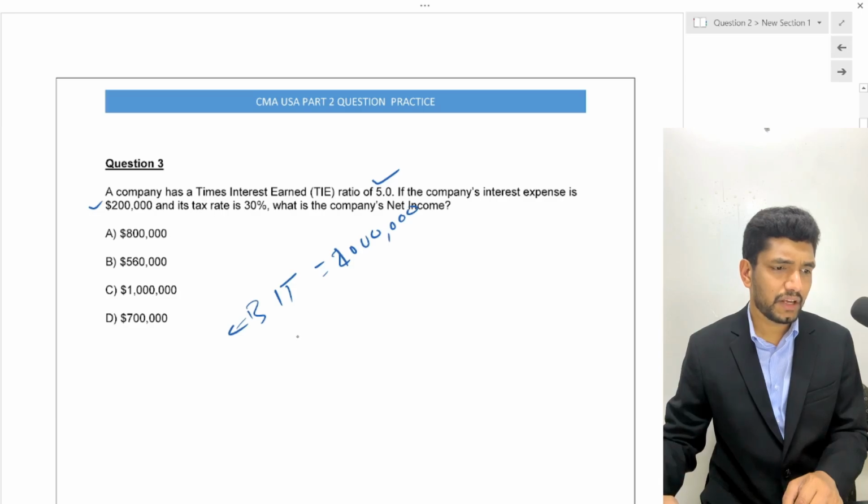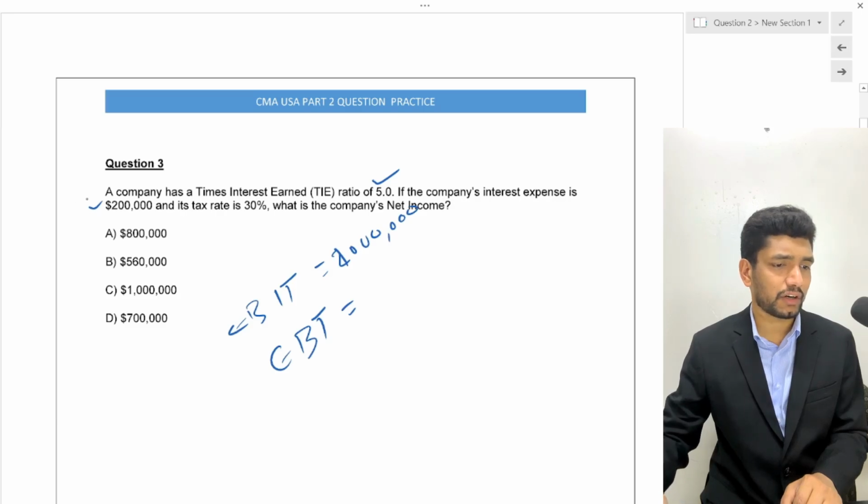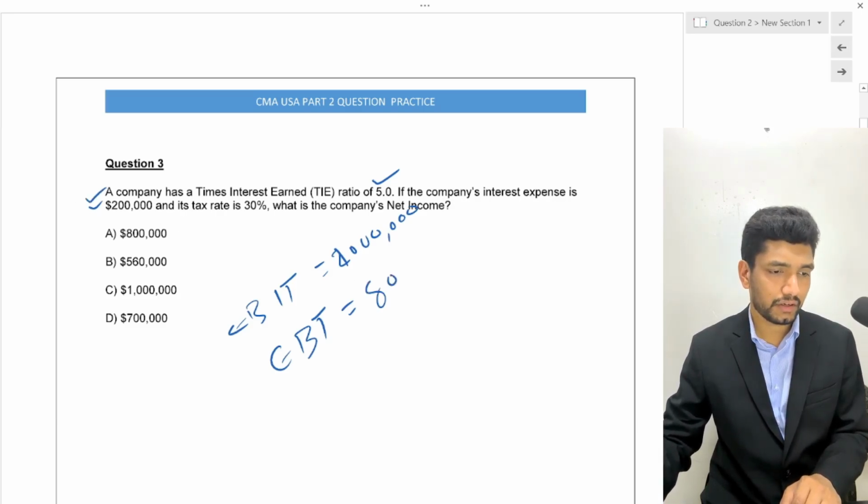After EBIT, you can calculate the EBT, that is earnings before tax. That is 1 million minus the interest expense already given, 200,000. That is 800,000. From this 800,000, you have to deduct the 30% tax expense.